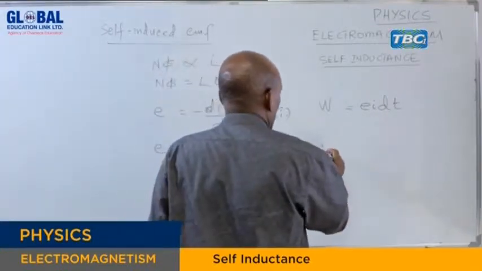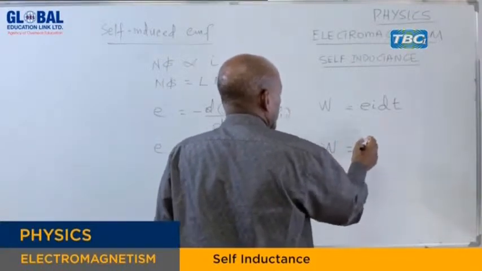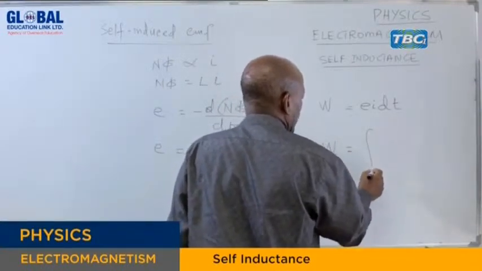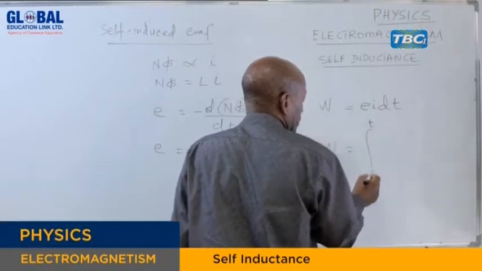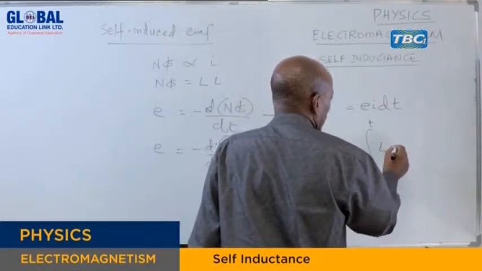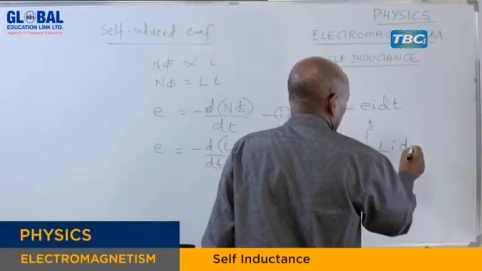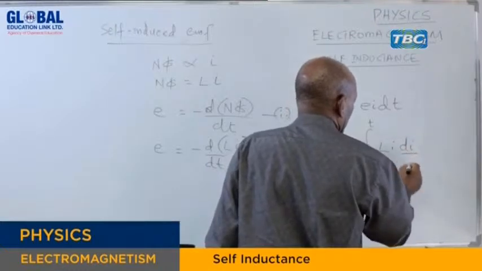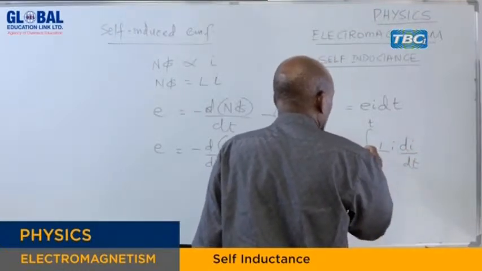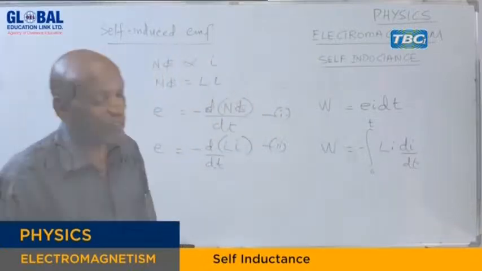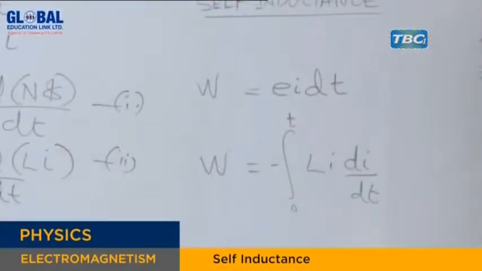Actually, you'll end up with that particular work done being an integral from 0 to time t of L i di/dt, with a negative sign, because here we are talking about that particular back EMF.